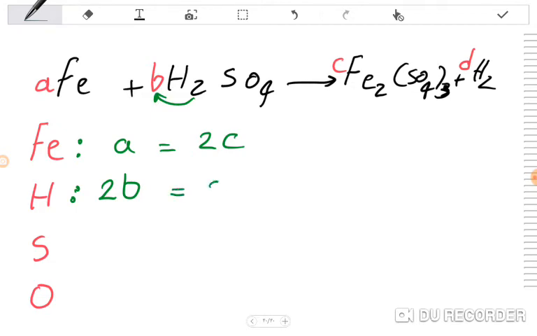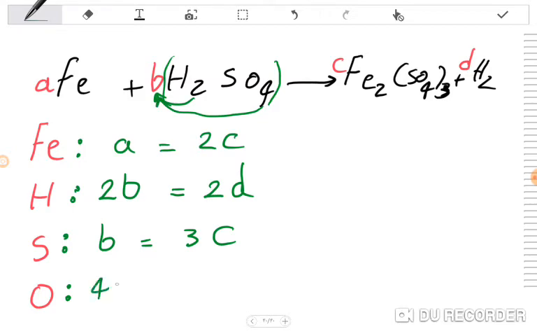For sulfur, B is the coefficient of all the atoms in this compound, so B is equal to 3C on the right side. For oxygen we can write 4B is equal to 3 times 4, which is 12C.